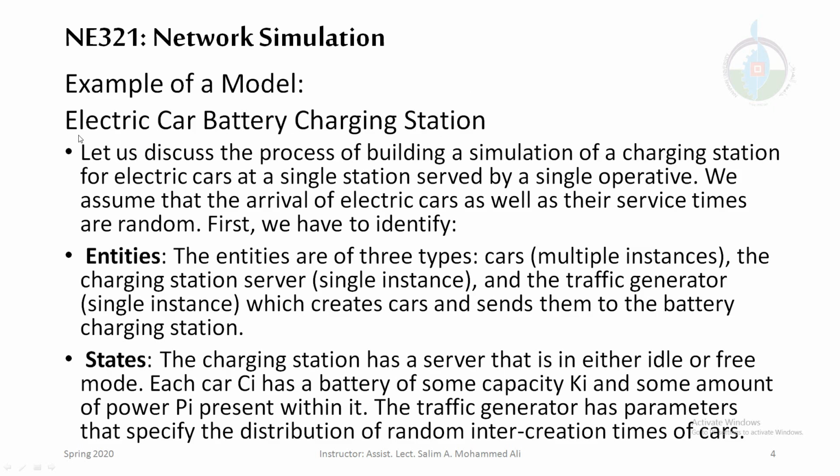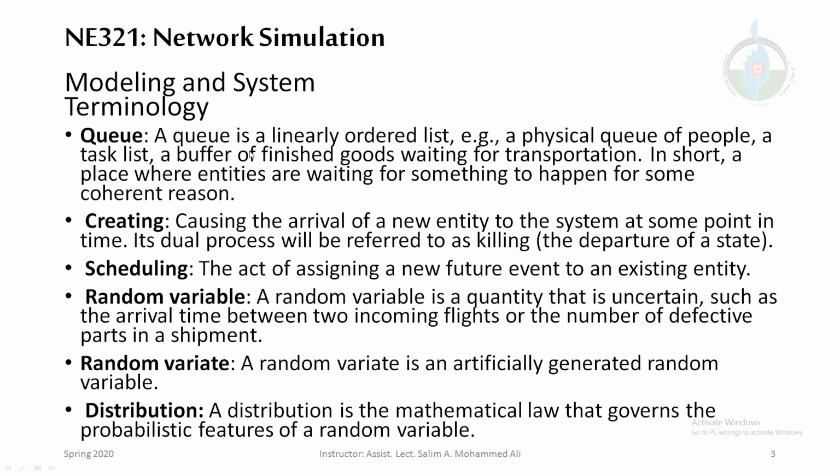So, for example, if you are going to build a charging station for this electric car, say that this charging station has 5 rows, or it can accommodate 5 cars only at a time. This system can be described well by the following terminologies.